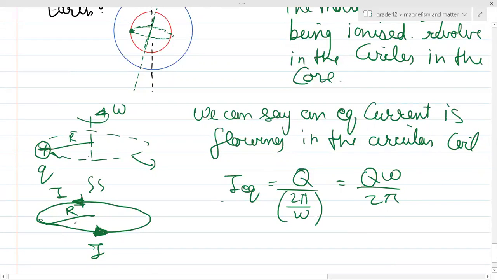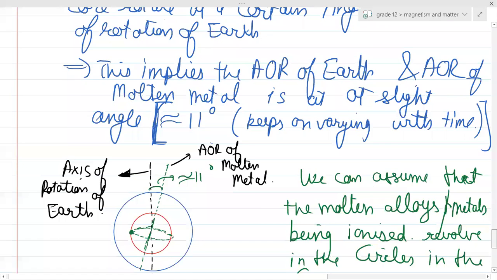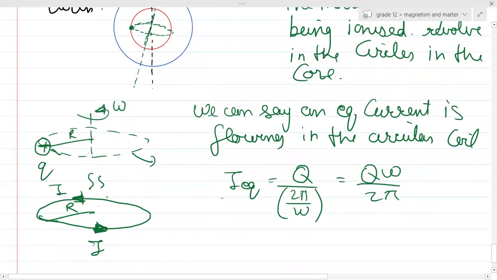Now, if this current carrying conductor is there, then a certain magnetic field will also be produced by it. Yes or no? If you assume that the Earth is rotating in that direction, can you tell me the direction of the magnetic field?